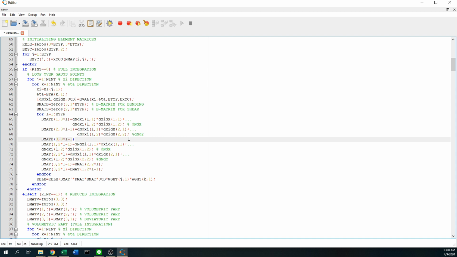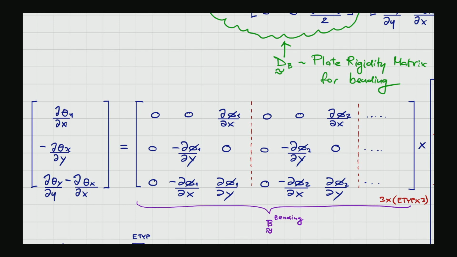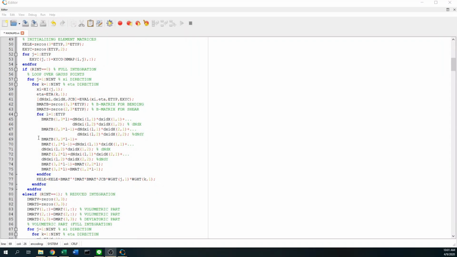Come back. We talk about this row here. So this first column, 3L minus 2 is 0. You don't need to do anything. 3L minus 1, we've got to put the minus sign for the line above there. This one is minus partial of phi 1 with x and with y. Minus and minus.